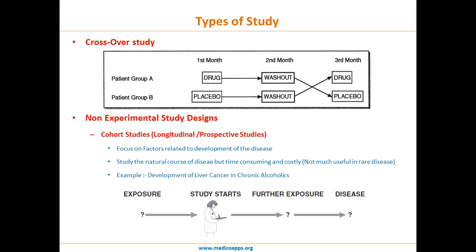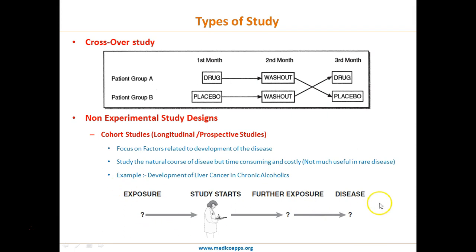In this, there is an exposure, or there are certain risk factors based on which the patient is selected as a case or a control. The study starts and the patients are observed for a very long period of time till the development of the disease. Suppose a patient is a chronic alcoholic, so we put him in the study. We keep observing him till he develops or does not develop liver cancer.